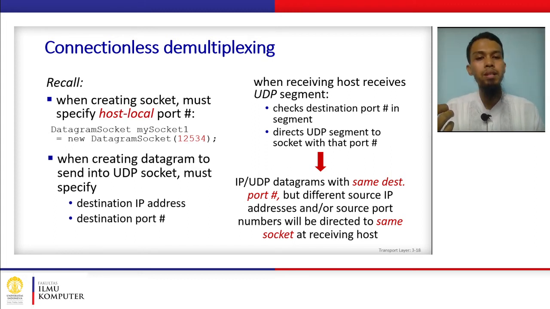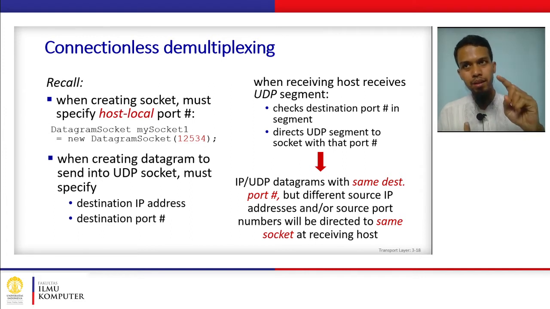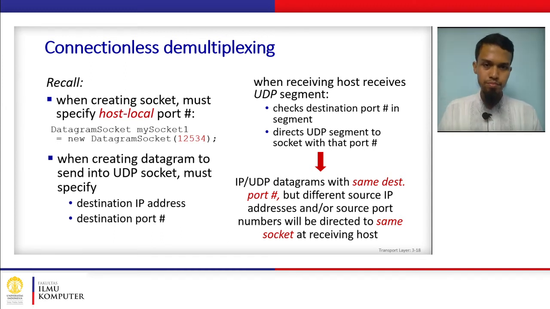So basically, the deciding factor for demultiplexing in a UDP socket is only the destination port number. The other three pieces of information, the source and destination IP addresses and the source port number, do not really give significant information.